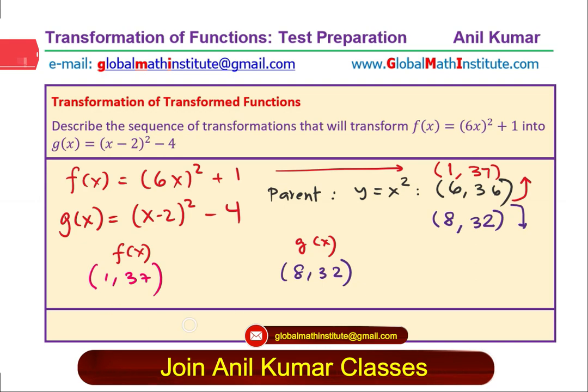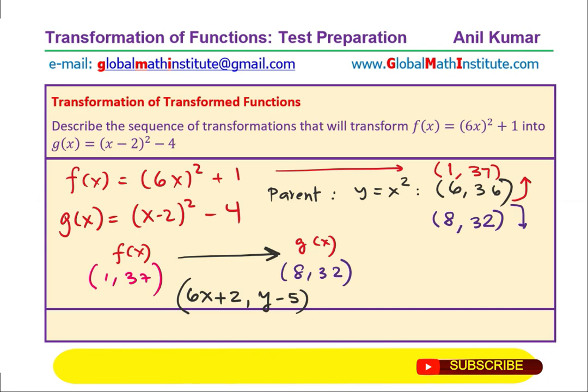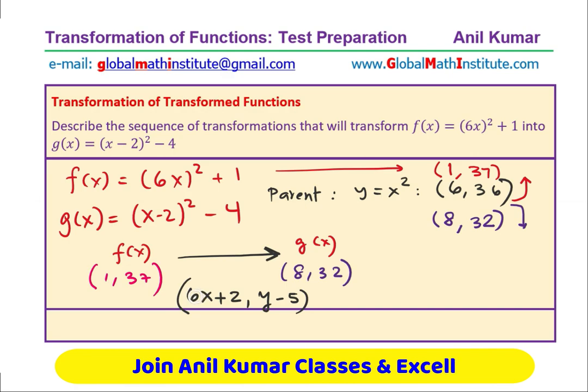Now to get from 1 to 8, what do you think? We multiply by 6 and add 2. Does that work? So the x value becomes 6 times x value plus 2. As far as the y value is concerned, we took away 5. Do you see that? So that becomes the transformation from f of x to g of x. Makes sense? And clearly, this transformation indicates that we have horizontally compressed by a factor of 1 over 6, right?